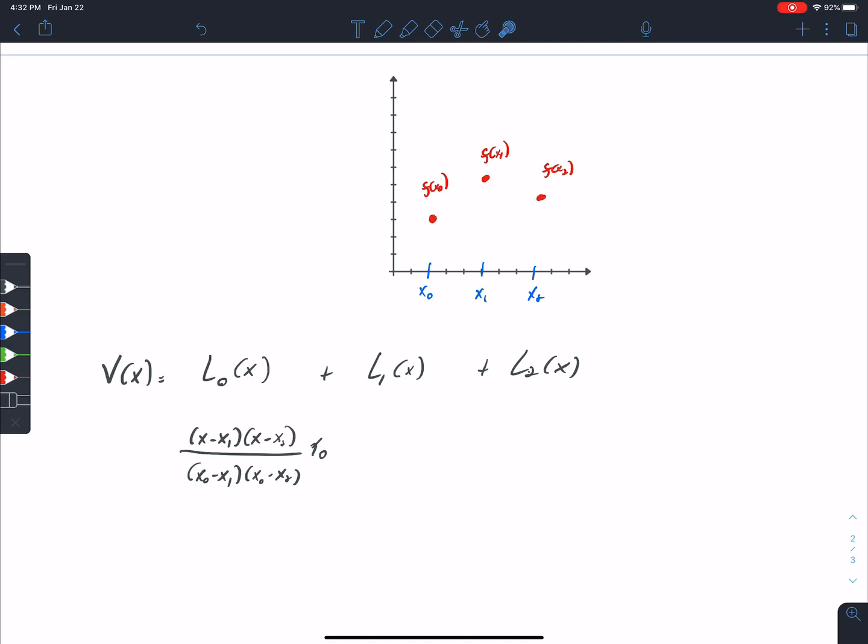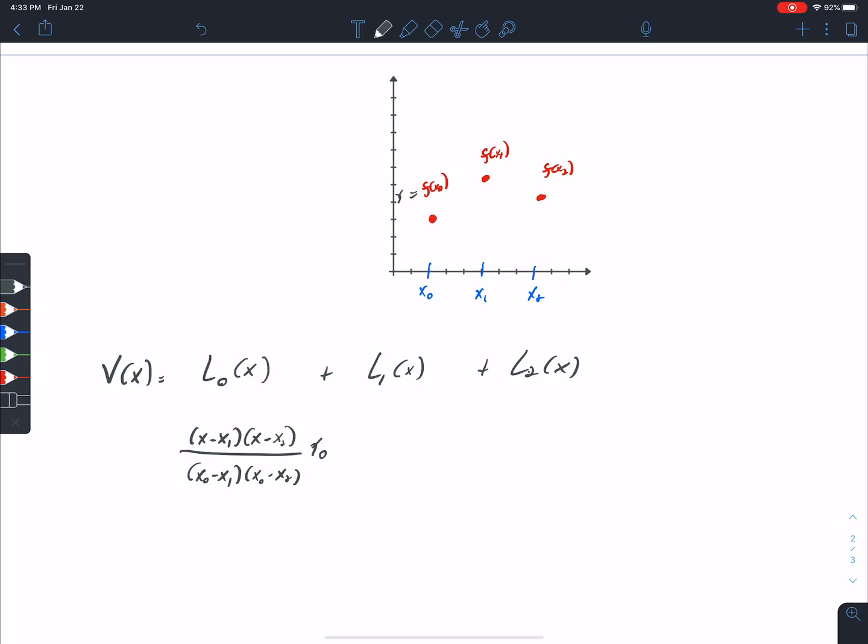Let's ask ourselves, what is this? Let's say here we plug in x0 for x, right? So x0 minus x1 cancels this bottom one out, and x0 minus x2 cancels this bottom one out. So this fraction here will be 1. 1 times y0 is y0, which is, once again, right?